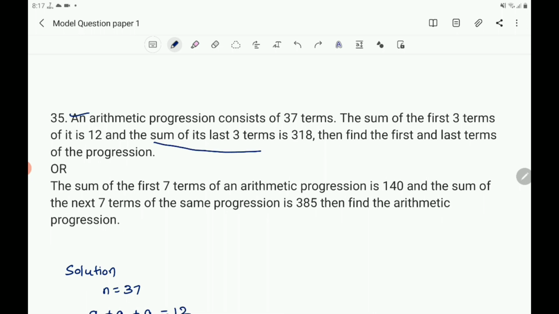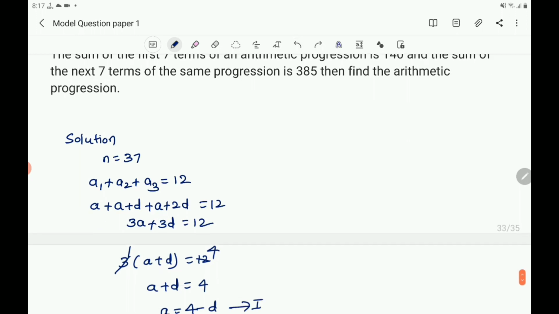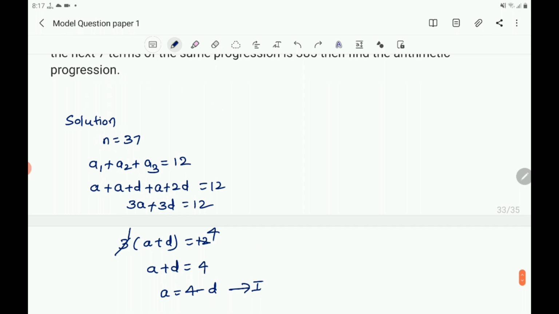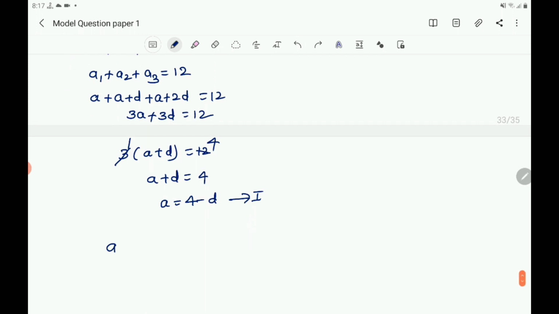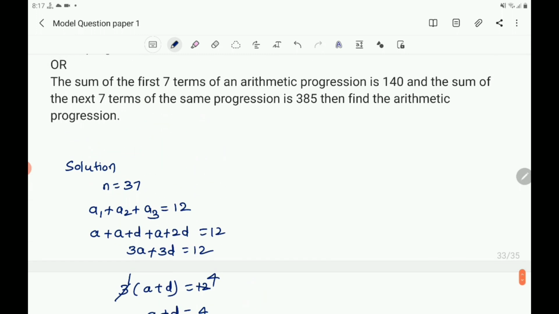The sum of the last 3 terms is 318. Last term means, here this AP contains 37 terms. The last term is a37 and its previous terms are a36 and a35. This is the sum of the last 3 terms, a37 plus a36 plus a35. That equals how much is given?